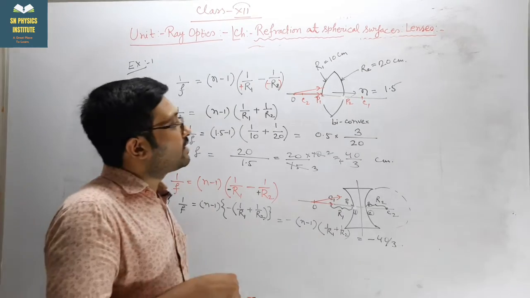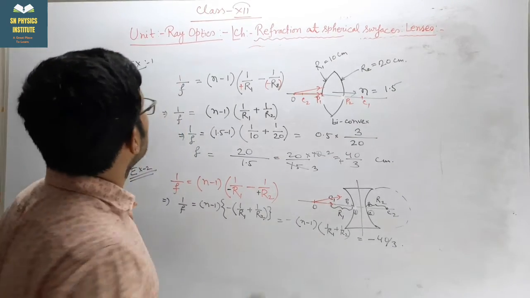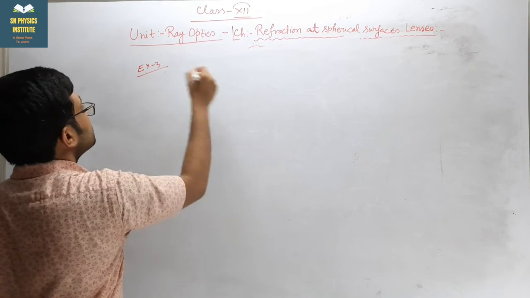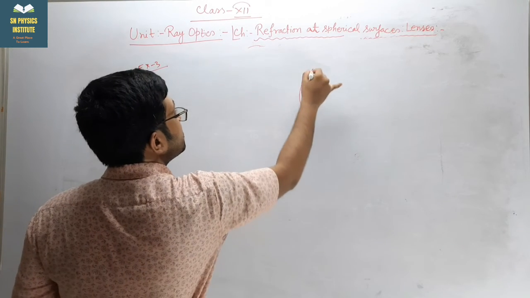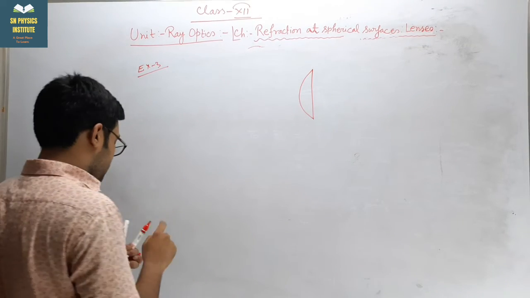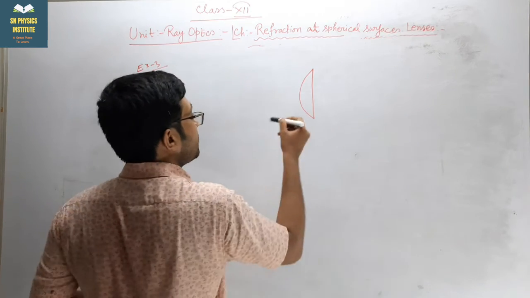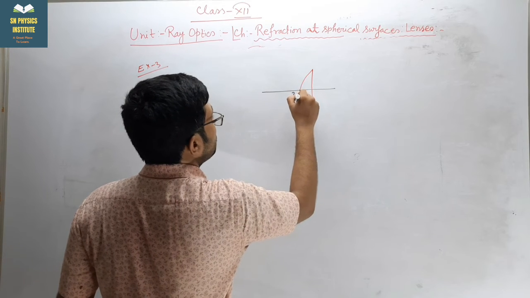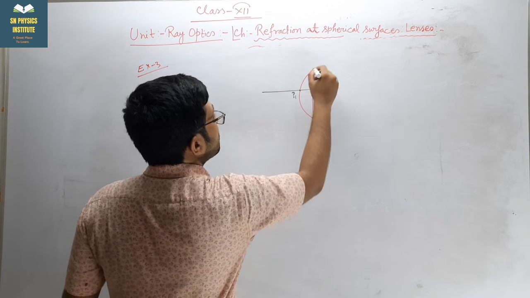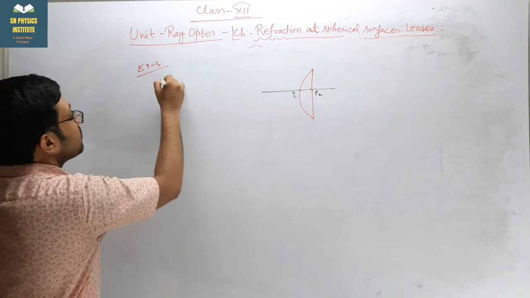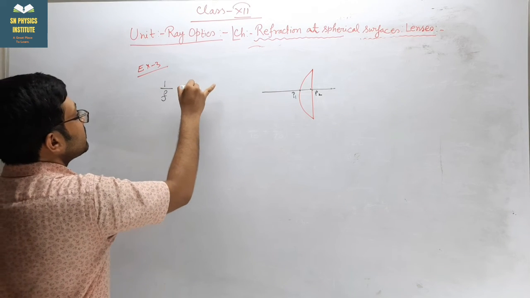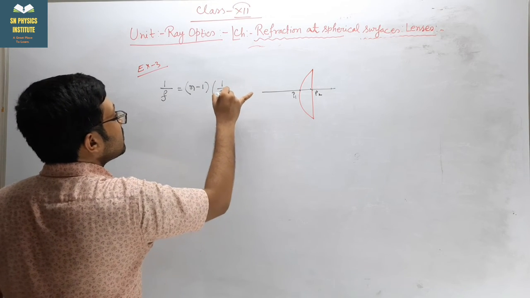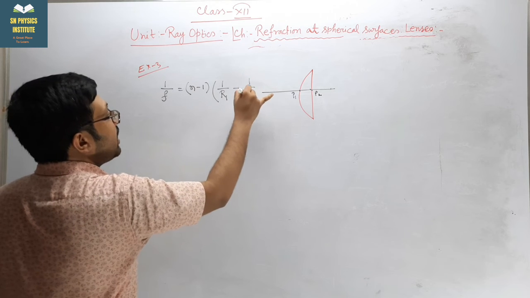Now if I consider another problem, the plano convex lens. This is the first surface, this is P1, this is P2. For the plano convex lens, 1 by F is n minus 1 into 1 by R1 minus 1 by R2.